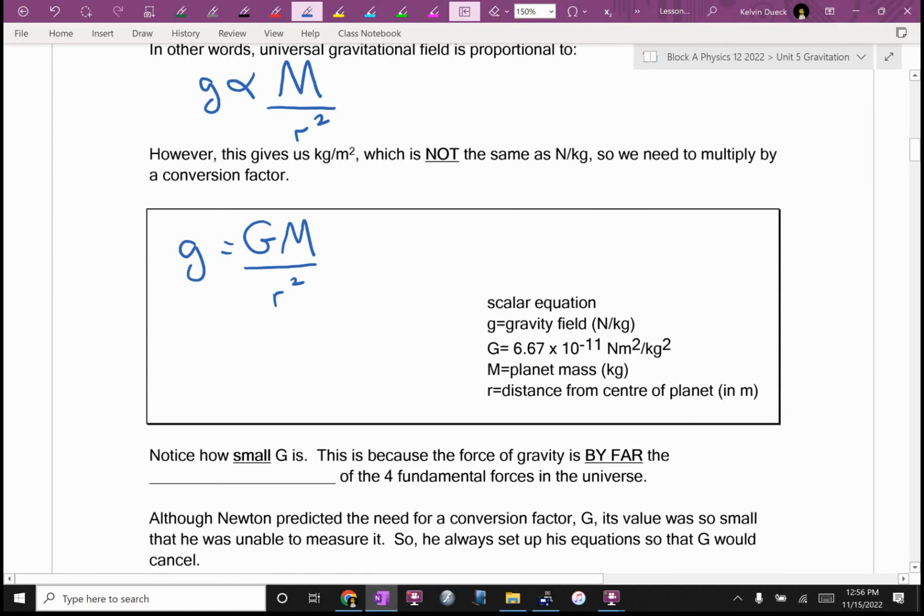Mass of the planet, whatever's sending out the gravitational field, black hole, star, planet, spaceship, whatever is sending out the gravitational field. What does R stand for? Now, you may see some equations put a D there because it's a distance, but I'm going to put an R there because we're going to start to think about things moving in circles around each other. So let's put an R there.